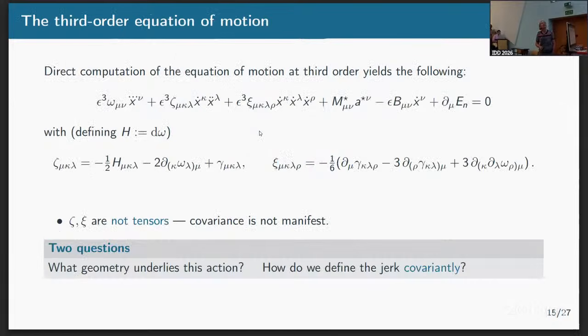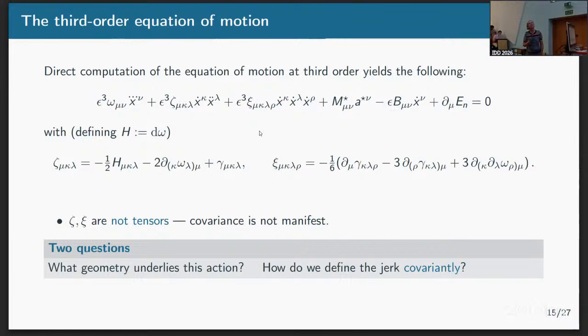Okay, but let's stay with this. So we just computed the equation of motion in the third order. Cubic corrections come with omega and psi, and zeta and psi, and then this is the quadratic part. You see, up to quadratic correction we have all the nice geometric definitions, but here we are a bit at a loss.